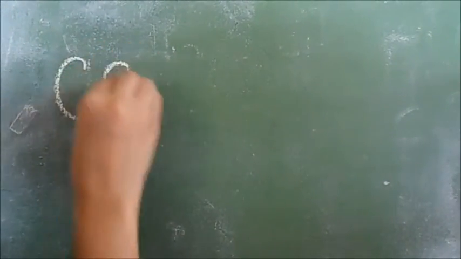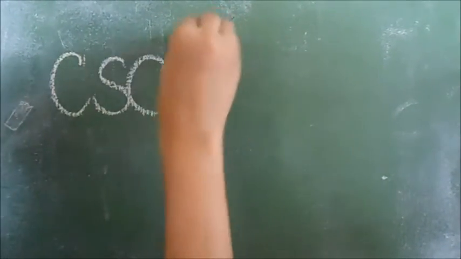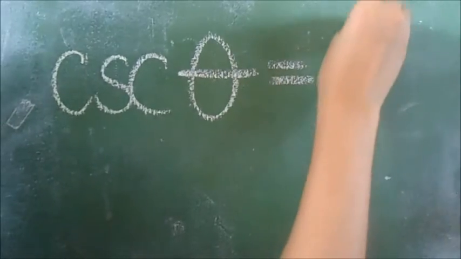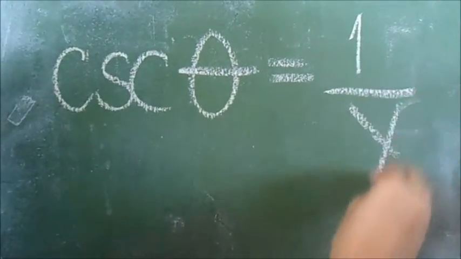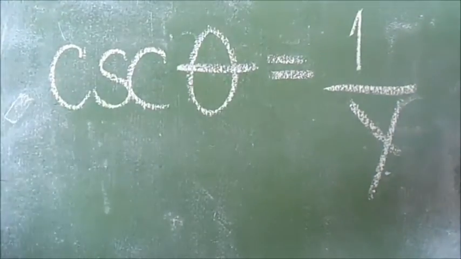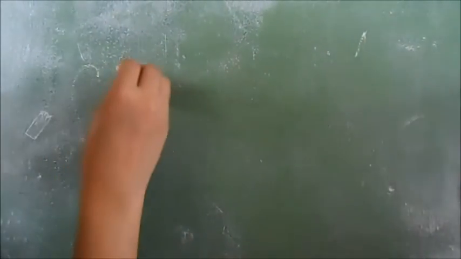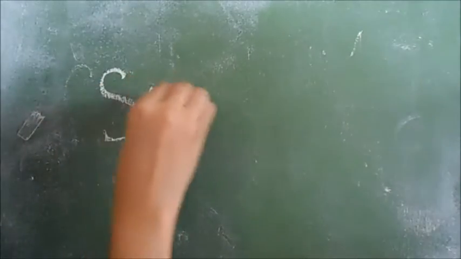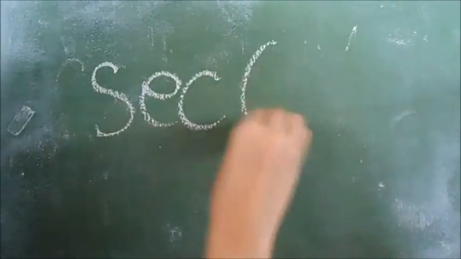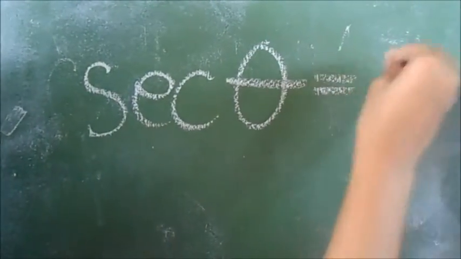Now it's time for their reciprocals. For cosecant theta, we just need to divide 1 over y, or otherwise, the reciprocal of sine theta. For secant theta, we just need to get 1 over x.